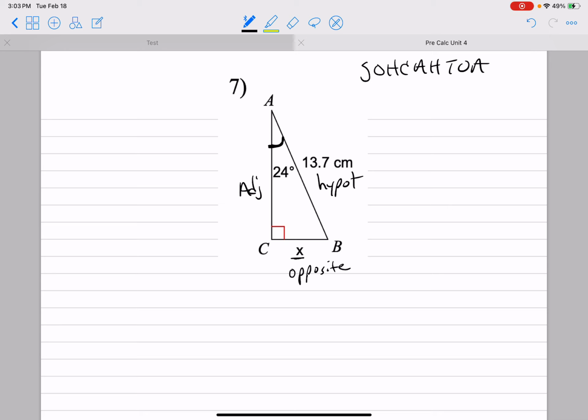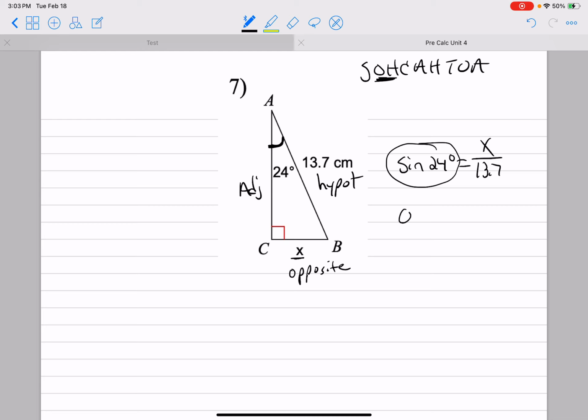So I'm thinking opposite over hypotenuse. I'm thinking sine. So the sine of 24 degrees should equal the opposite, x, over the hypotenuse, 13.7. And this one's easier to solve. Again, I can calculate the sine of 24. Sine of 24 degrees is 0.406.